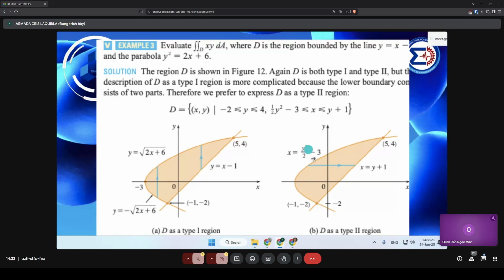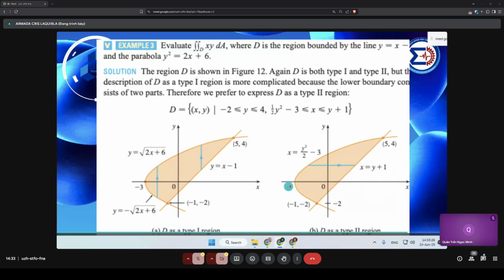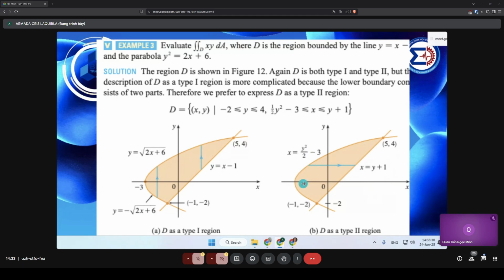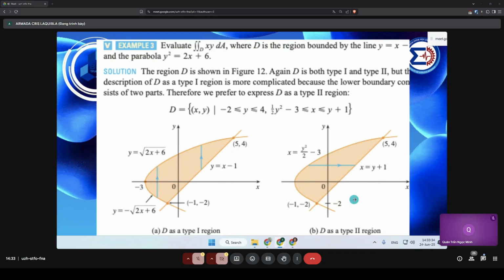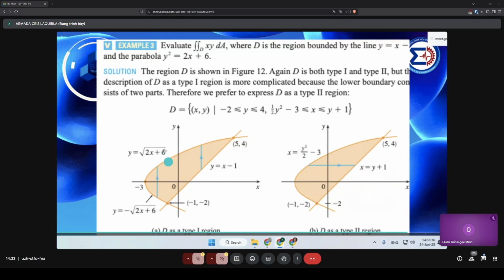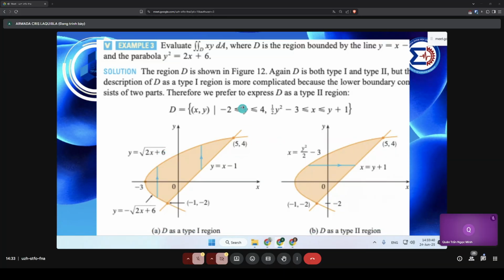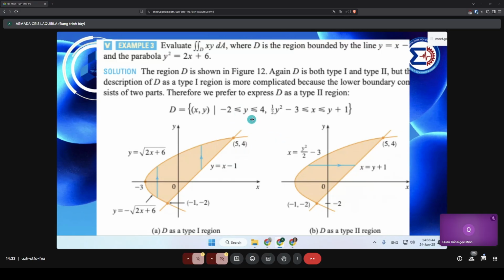This is the left and this is the right part. So there's only one unique equation from the left going to the right. So we are going to use this, the type 2, not the type 1. Okay? So for your type 2 class, you get the interval of your y there.